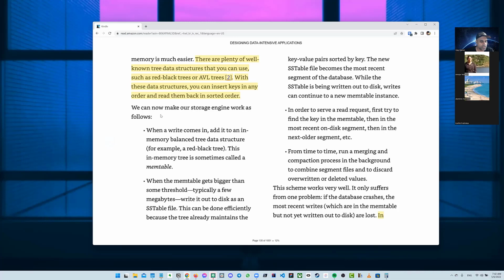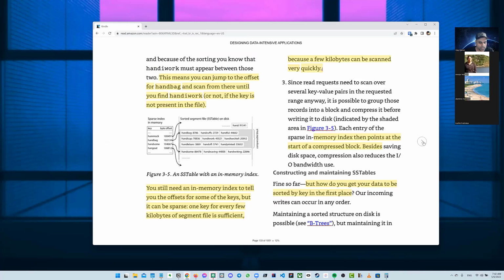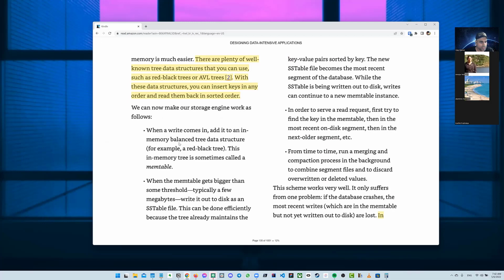If you use a data structure like a red-black tree or AVL tree to back your SSTable, then when a write comes in, you add it to an in-memory balanced data structure. A red-black tree is sometimes called a memtable.